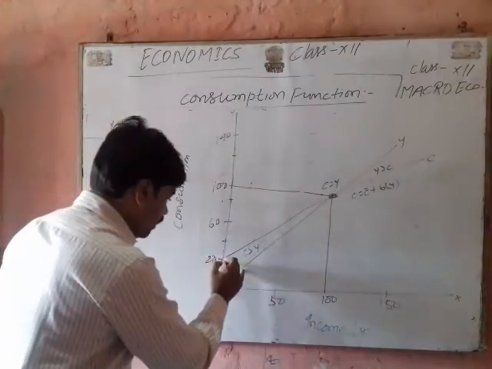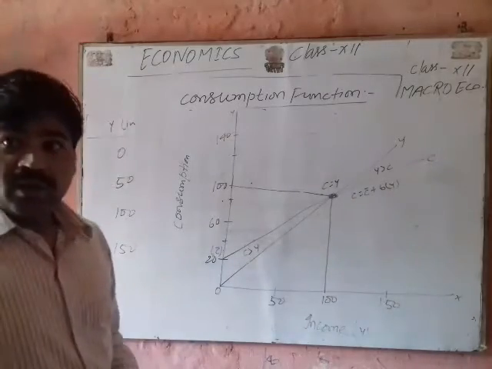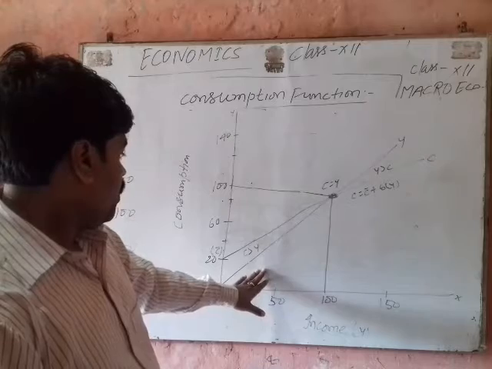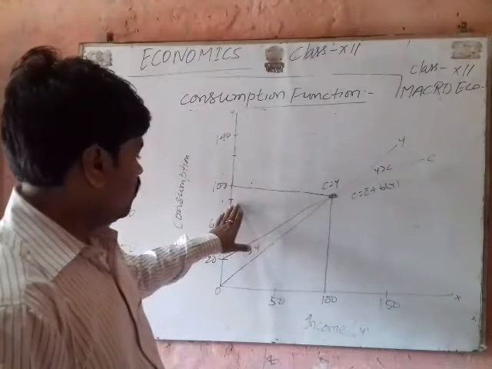Here C bar is equal to 20. Here C is the consumption curve, which shows that when income increases, consumption also increases.